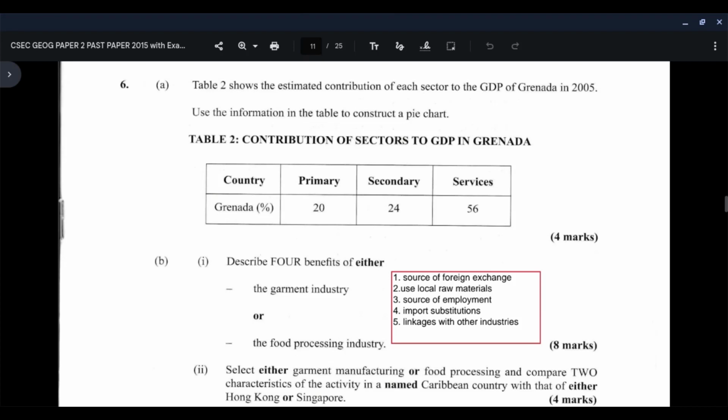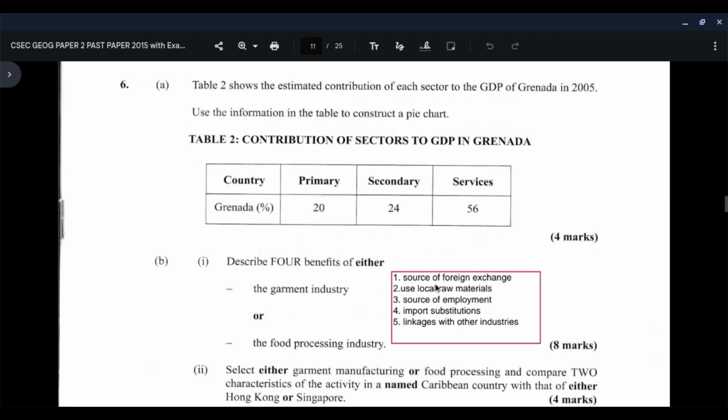Depending on which garment industry as well as which food processing industry, most will use local raw material to construct their end products, while some may use products from overseas. But most of these industries use local materials.